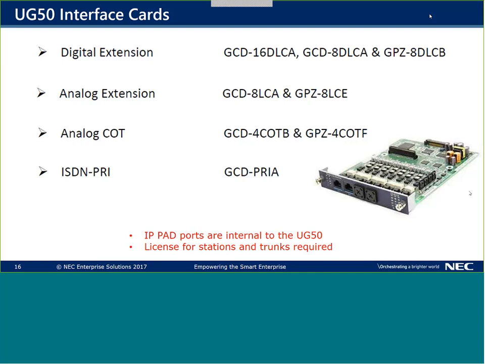Of course, because we are actually running on a 9500, when we put station and trunk ports on the UG50, we do have to equip them with licenses. So for example, if you put an analog phone on the UG50, you would need a basic user license for that phone.